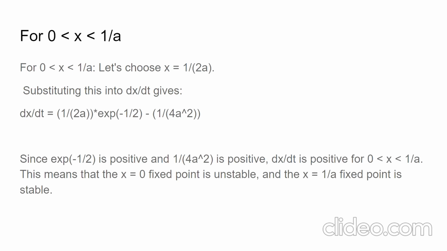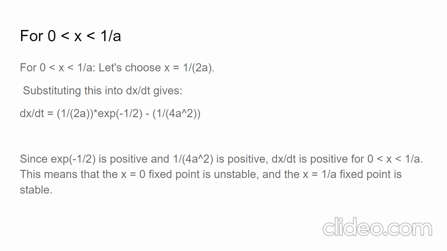Finally, for x is greater than 0, but also less than 1 over a, so it's in between our two areas there, let's choose 1 over 2a to be our x value here. By substituting this into our derivative dx/dt, we get dx/dt is equal to 1 over 2a times e to the power of -1/2 minus 1 over 4a squared.